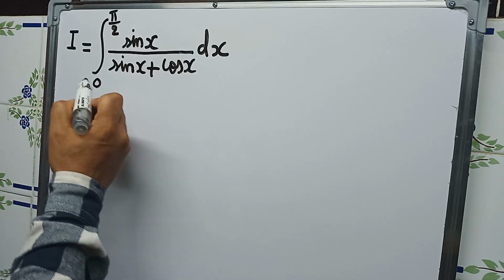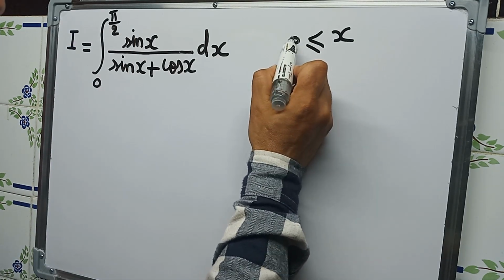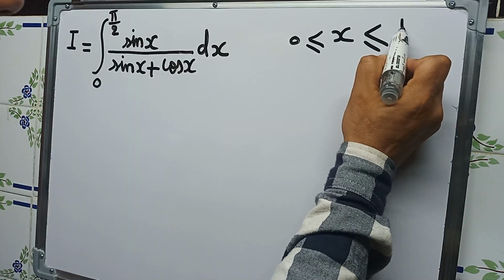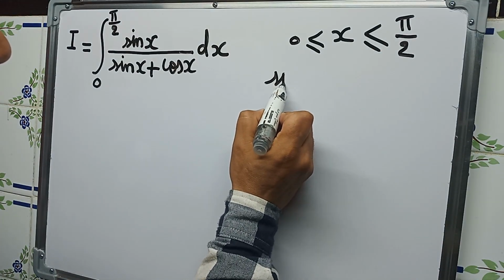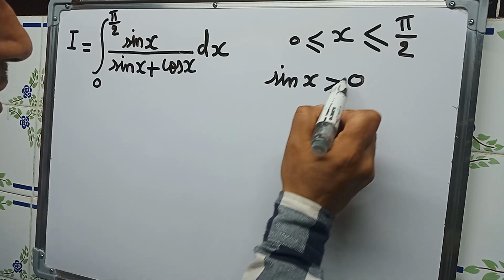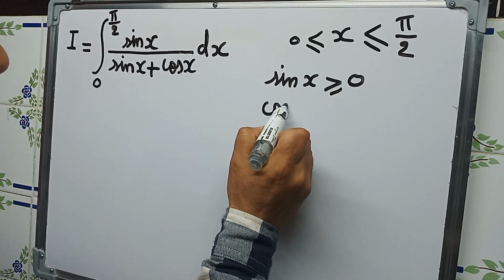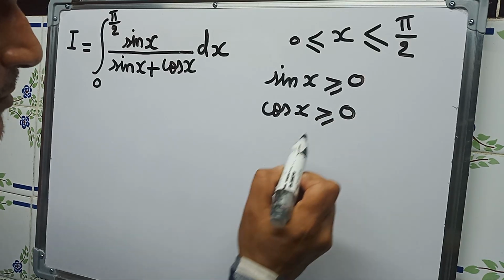So here, since our x is between 0 and pi over 2, sine of x is a non-negative number, and also cosine of x is a non-negative number.